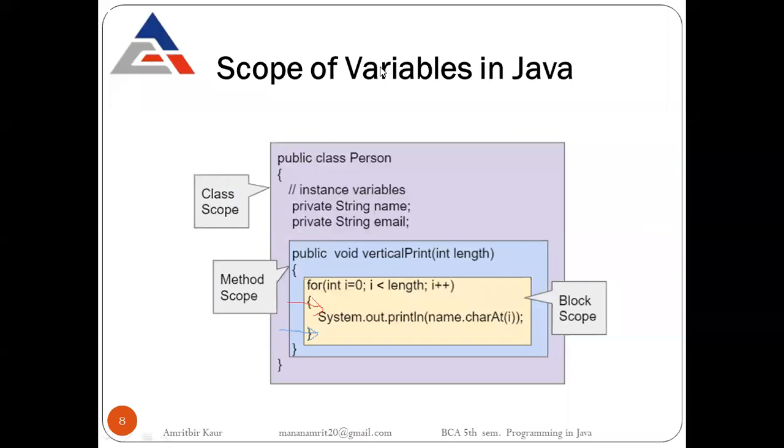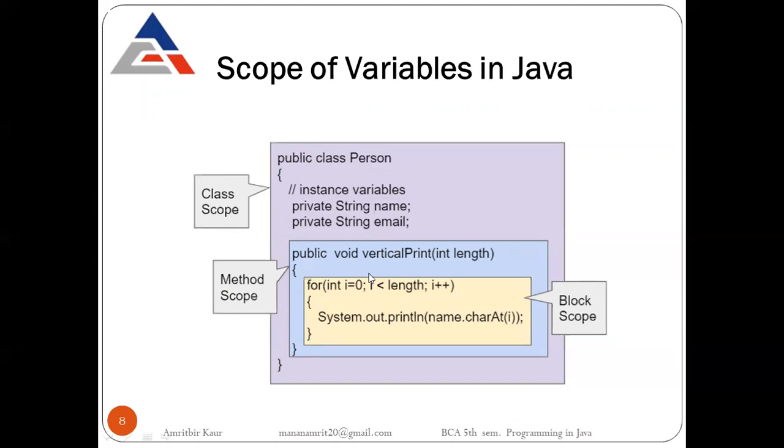So here is an example that demonstrates the scope of different variables. First one is the instance variable. We declare our variable inside the class but outside the function.